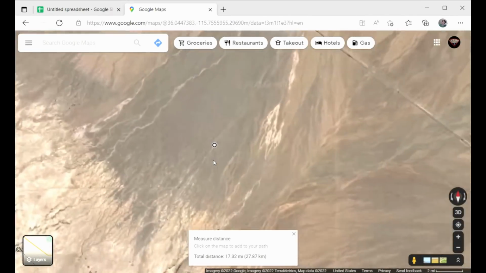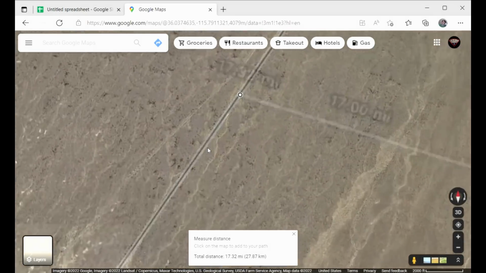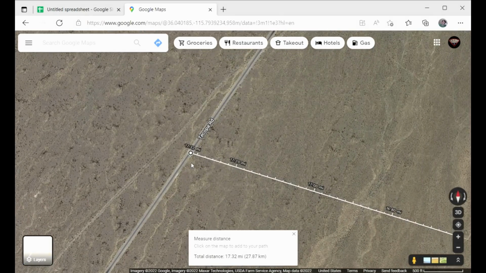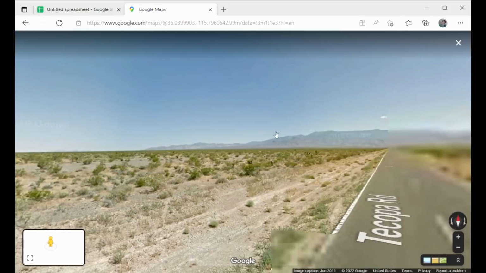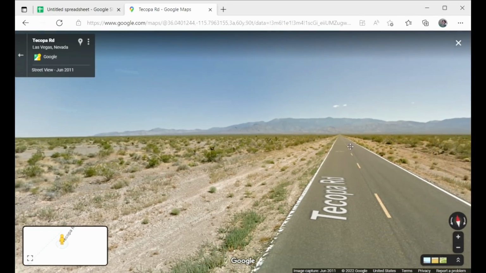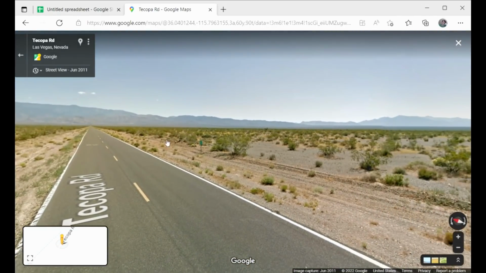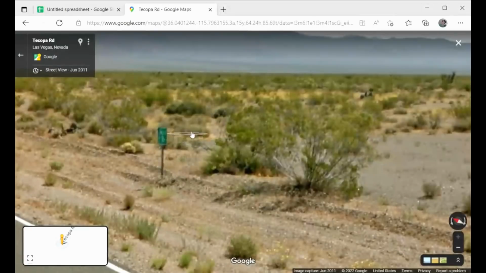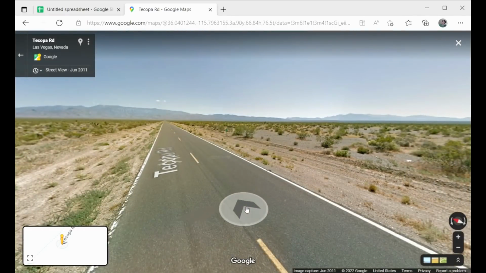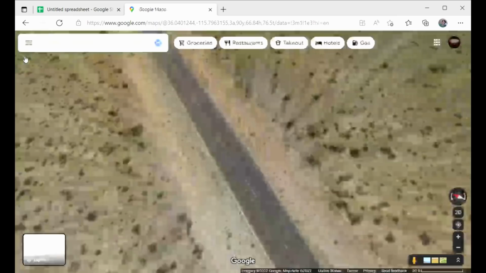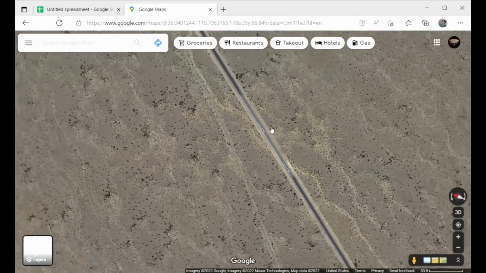That was the camera on the right, and we will have a look in street view. Let's see. There it is, right there. Yep, mile marker 6.